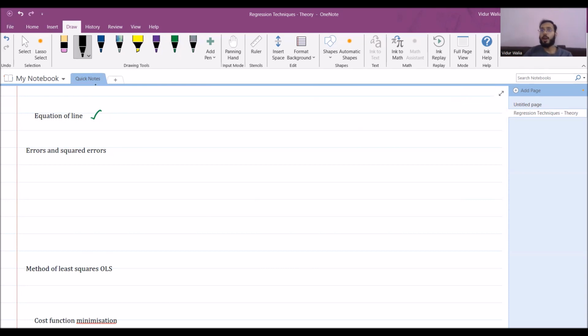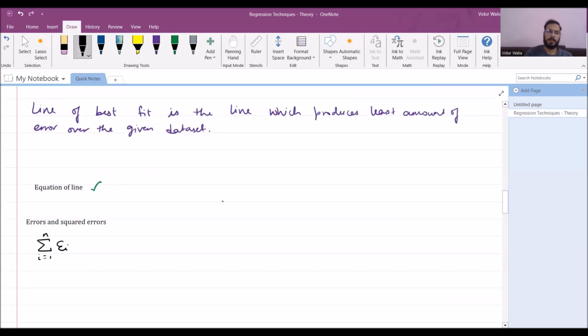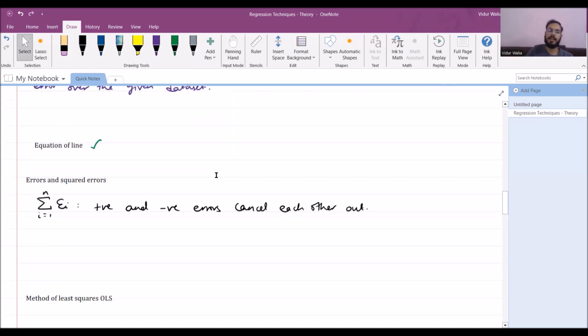We understood that we cannot do the sum of errors, right? If we do the sum of epsilon i, i goes from 1 to n, this is the sign of summation. That means epsilon 1 plus epsilon 2 plus epsilon 3, basically adding up all the errors for a single line. In this, the positive and negative errors cancel each other out, right?